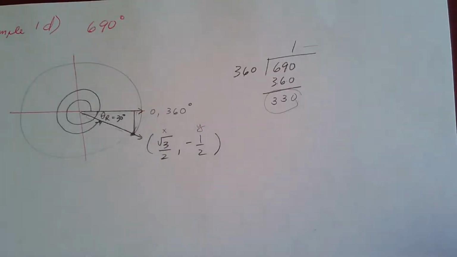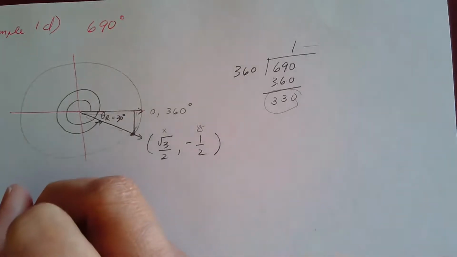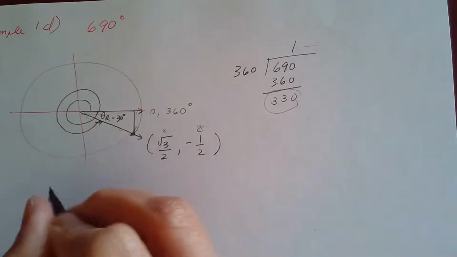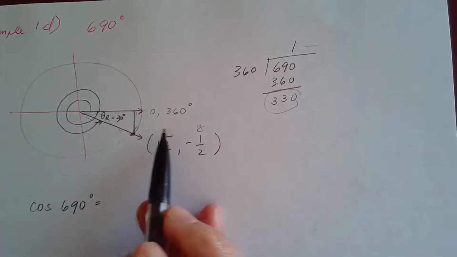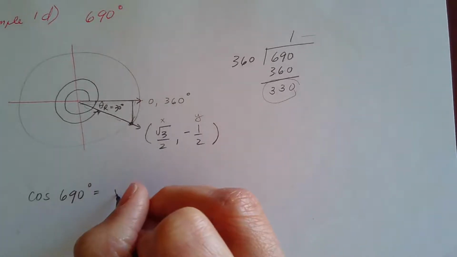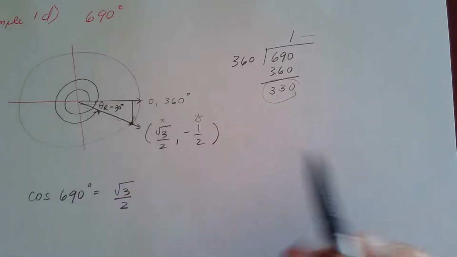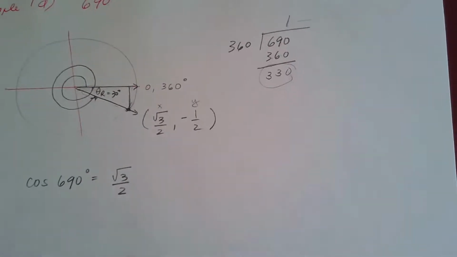Now we are ready to figure out the trig ratios. So cos of 690 degrees. Cos is the x coordinate, which is root 3 over 2. So positive x, negative y.